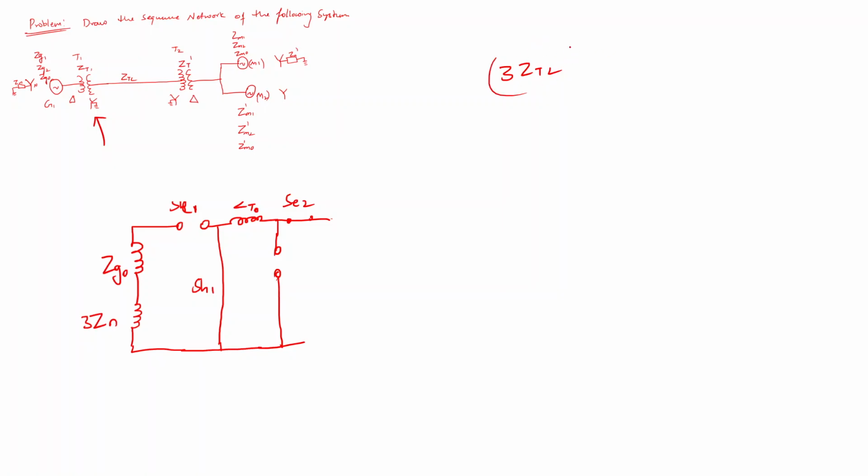So please remember, we need to take 3 times for the transmission line. Likewise, if a rotating machine is connected through a current limiting circuit, then we also take 3 times the actual impedance. Please remember these 2 points in addition to the theory we have shared already.